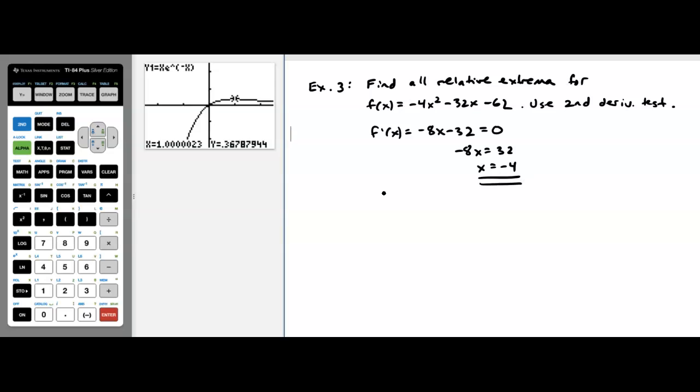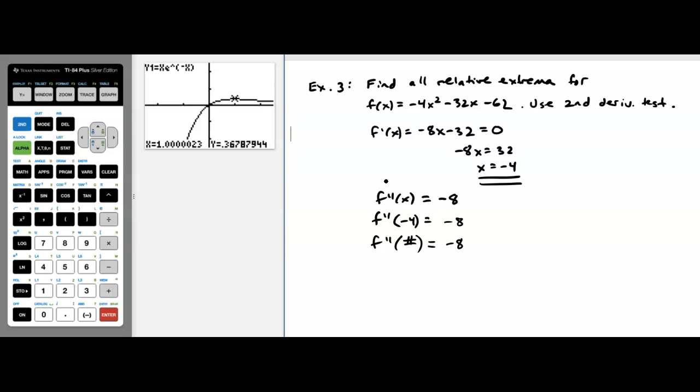Then you take negative 4, and we're going to plug that value into the second derivative. Now the interesting thing is the second derivative is just negative 8. So no matter what you plug in to the second derivative, if you plug in negative 4, if you plug in any number whatsoever, you could pick your number, the second derivative is always going to be negative 8.